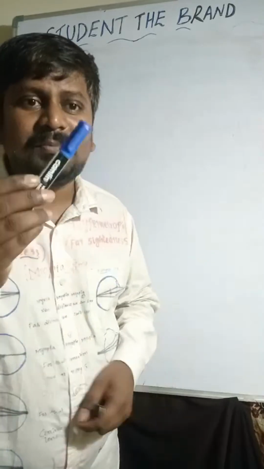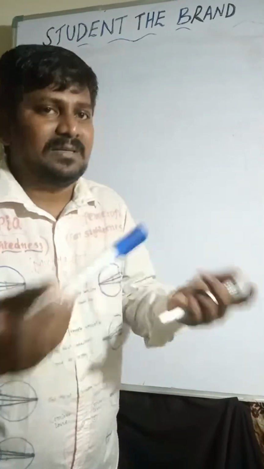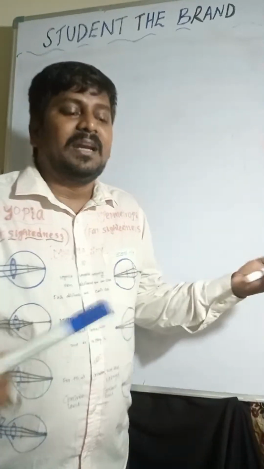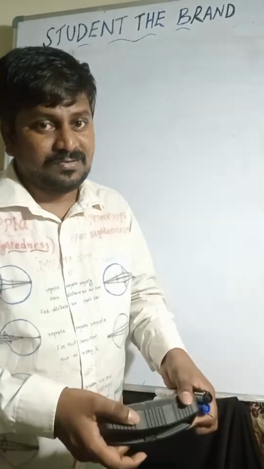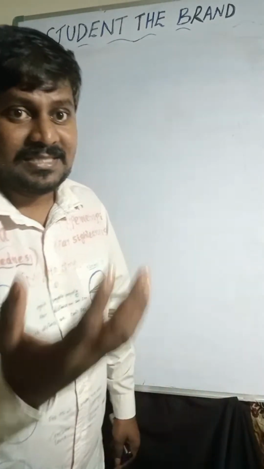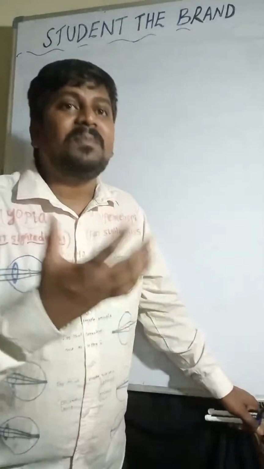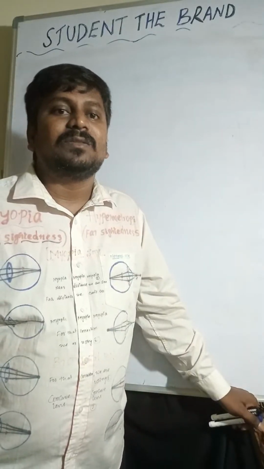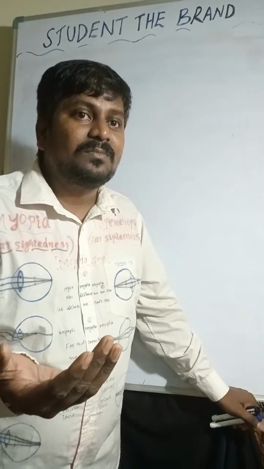Can we measure this? Of course. Like 20 grams, 30 grams, 40 grams, 50 grams, 60 grams. Can we measure this weight? Of course. Yes or no? The quantity which can be measured. Anything we can take. Mass, volume.